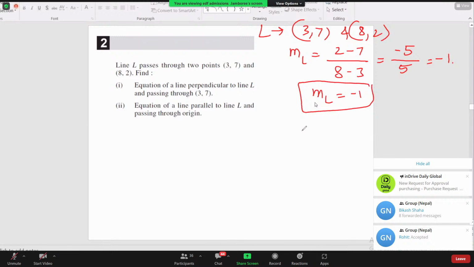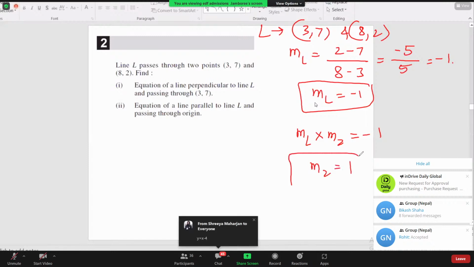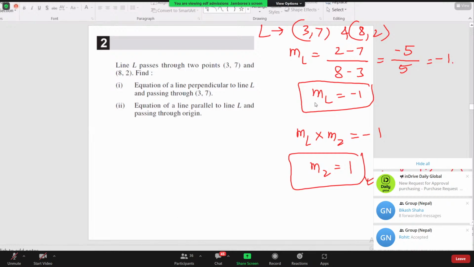So slope of the line which is perpendicular to this line will be such that the product of the slopes will be equals to minus 1. And based on that, slope of line will turn out to be 1. So now I need to find out the equation of the line that has a slope of 1 and passes through 3, 7. So y is equals to mx plus c is the concern.